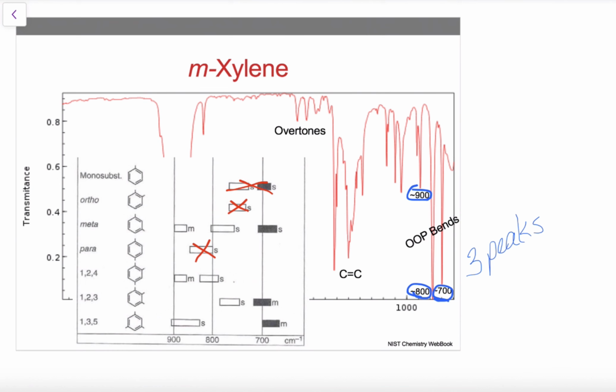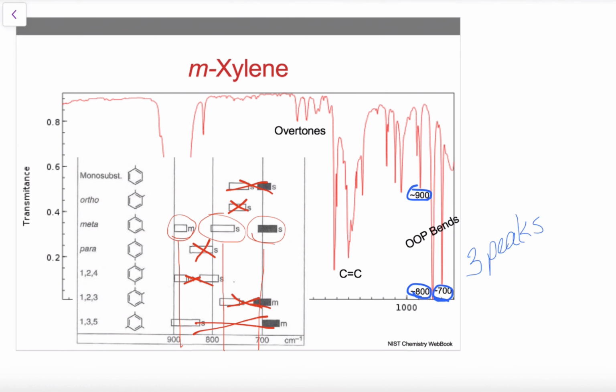Para only has 1 peak. 1,2,4 only has 2 peaks. 1,2,3 only has 2 peaks. And then 1,3,5 only has 2 peaks as well. So that automatically shows us that this one is meta-substituted. And again, let's look at the sizes to make sure that they all match up. So we would expect 1 peak around 900, 1 peak around 750 to 800, and another peak around 700.